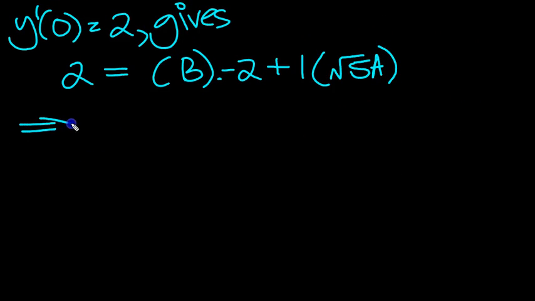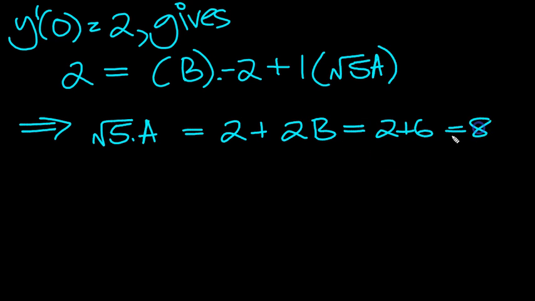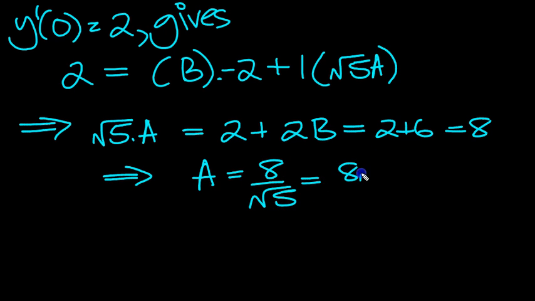So that implies root 5 times a is equal to, move that minus 2b over to be with the 2 that's already there to become plus 2b. b is 3 like we said, so that's equal to 2 plus 6, which equals 8. So that implies a equals 8 over root 5, which is 8 root 5 over 5.